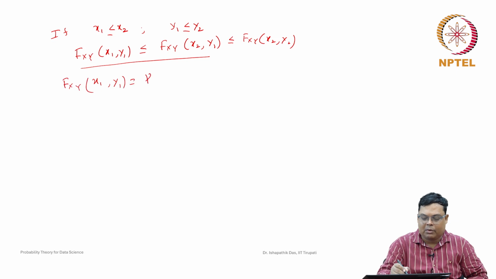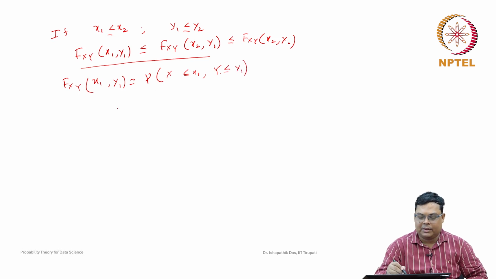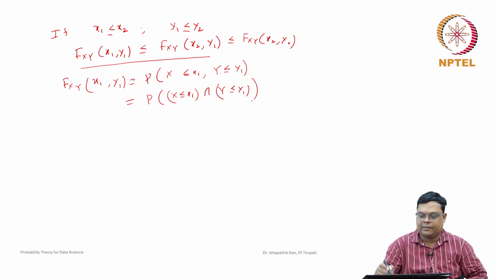This is nothing but the probability that X is less than or equal to x1 and Y is less than or equal to y1. This is the probability by definition. Now we know this is the event {X less than or equal to x1} intersection {Y less than or equal to y1}.